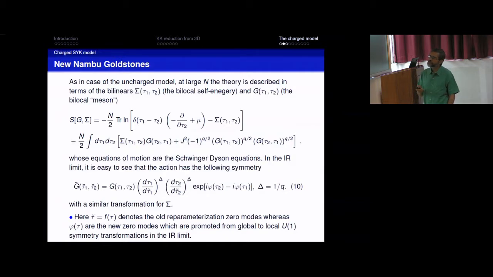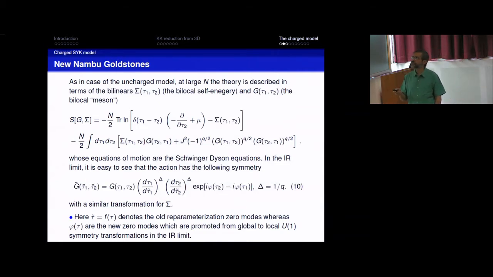The structure of this action is slightly different from before. Now tau 1 tau 2 and tau 2 tau 1 inside G make a difference, because you have to have the charges working out. So you can see more or less from this action itself, let us try to infer the symmetries of the problem by looking at this term of the Lagrangian.